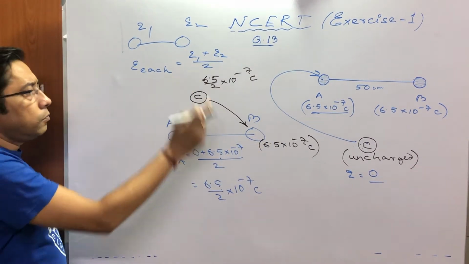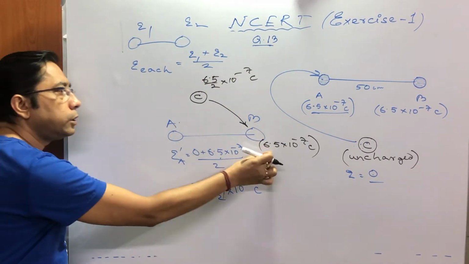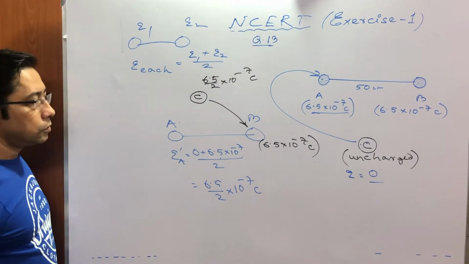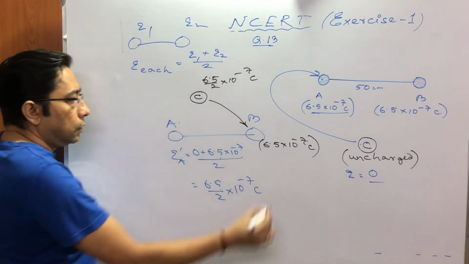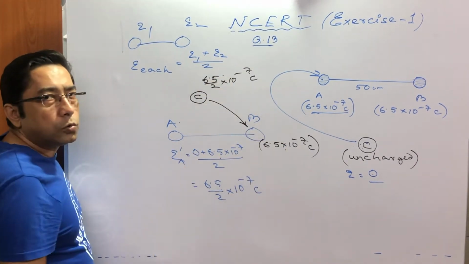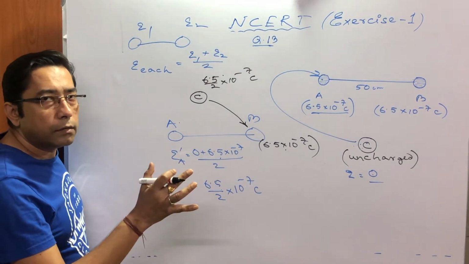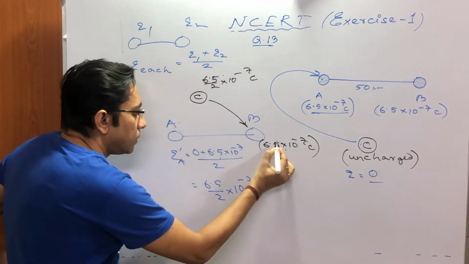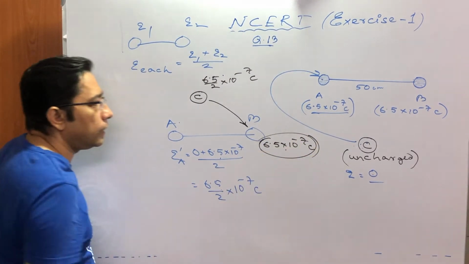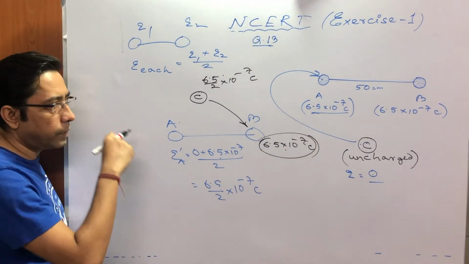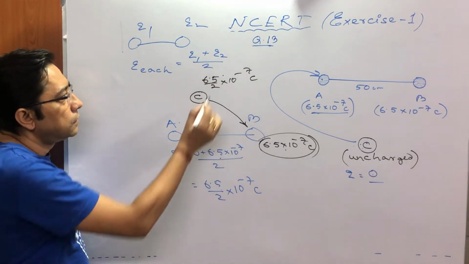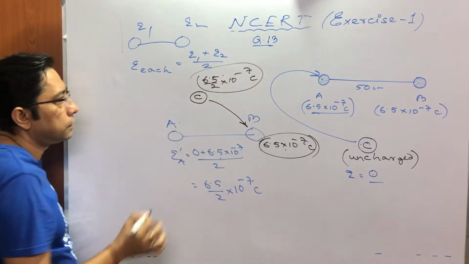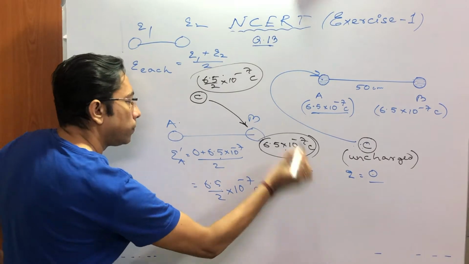Again according to this formula, (Q1 plus Q2) by 2 would be the new charge. So how much would that be? This plus this by 2. No need to calculate them. Just think like this. Suppose 6.5 into 10 to the power minus 7 is x. Then this is x by 2.